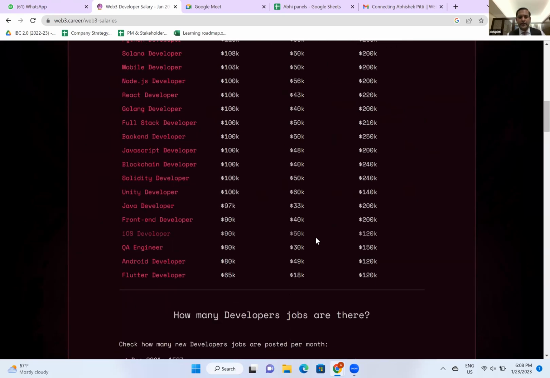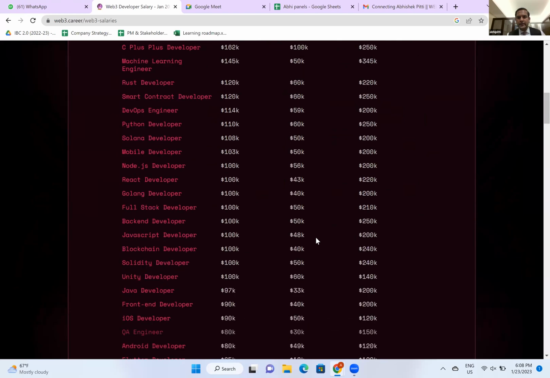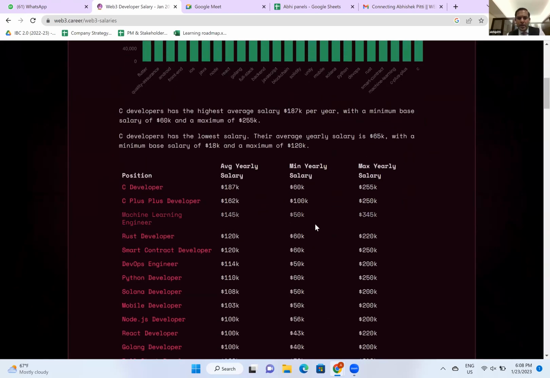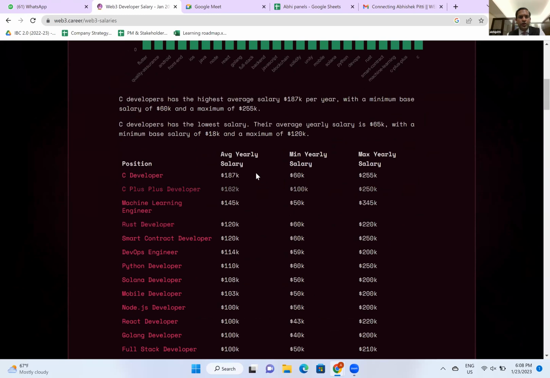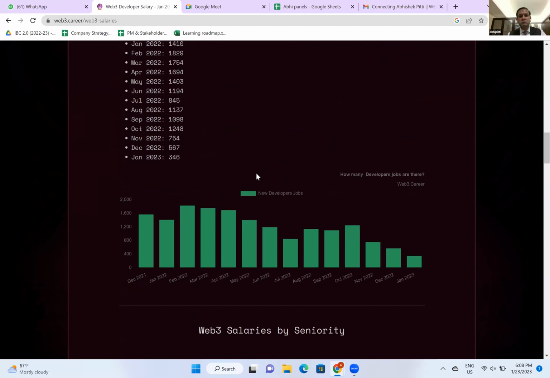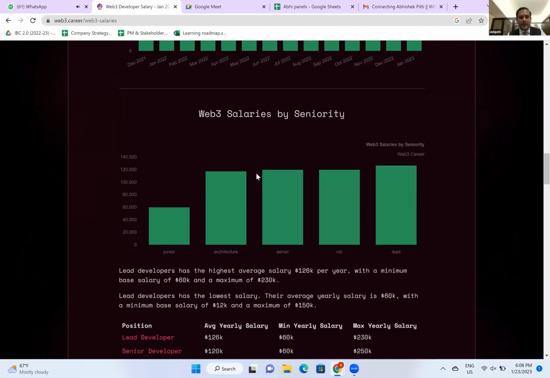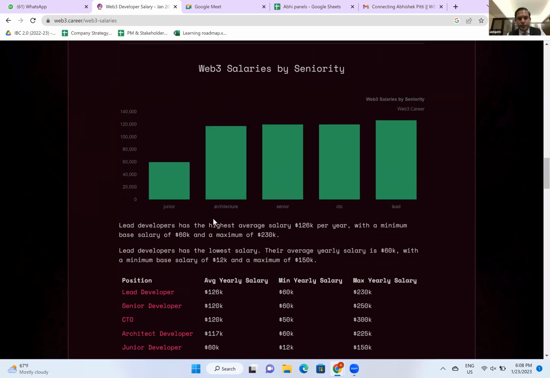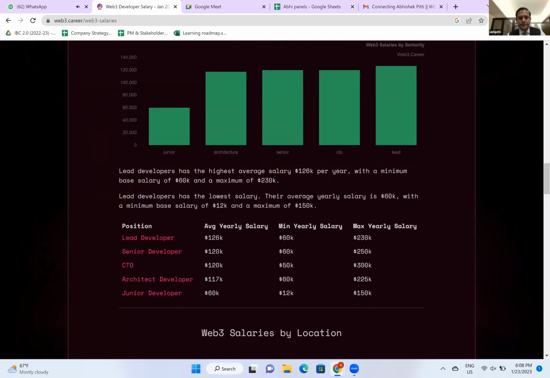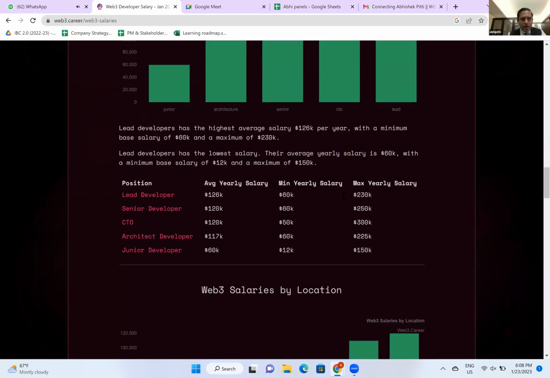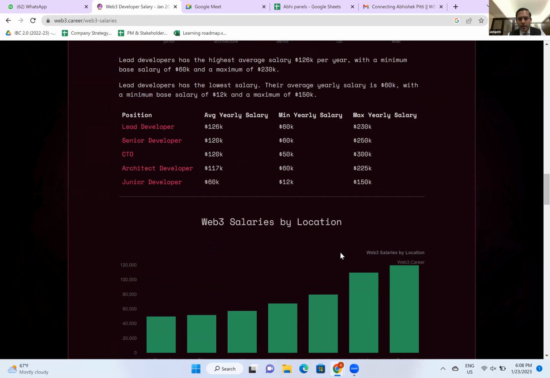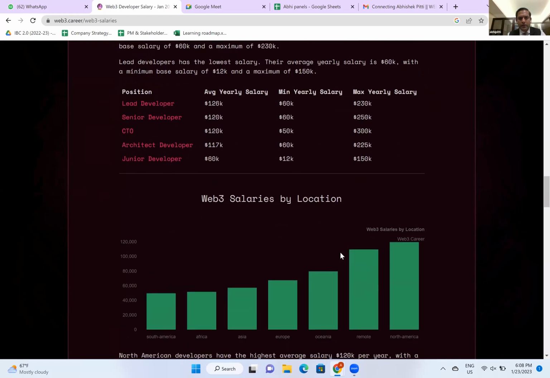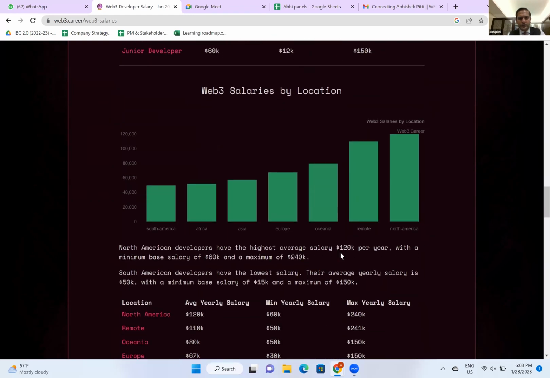I'm trying to find the one which says what's the salary by number of years of experience, right? Junior, architecture, by seniority. Web3 salaries.